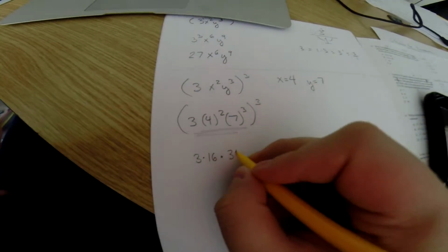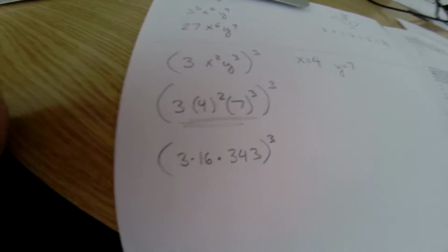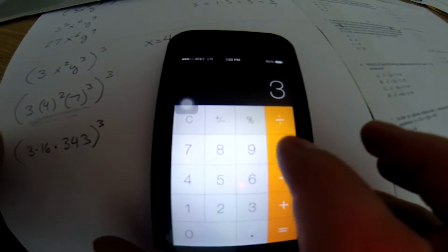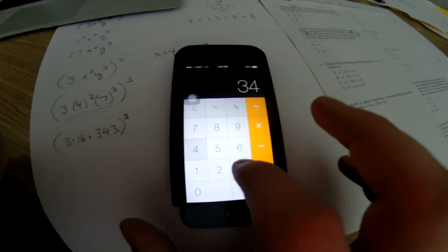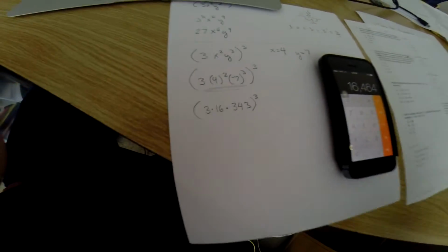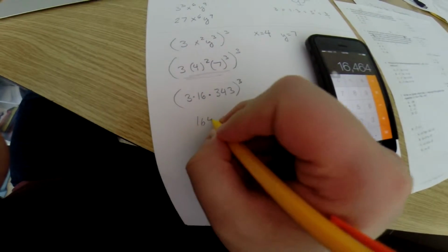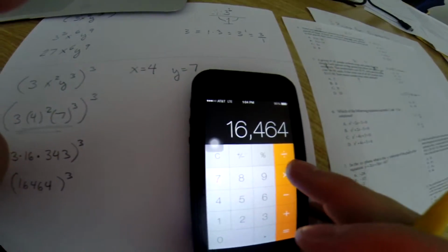This is 343, and all of this is raised to the third. So I'm going to clean up the inside. I'm going to do 3 times 16 times 343, which is 16464, and then 16464 cubed.